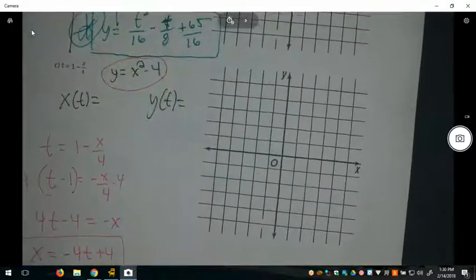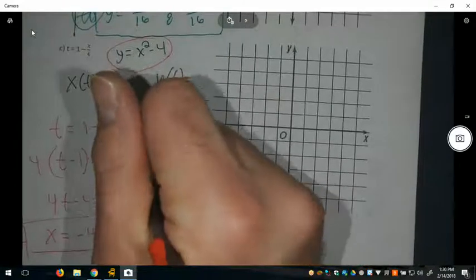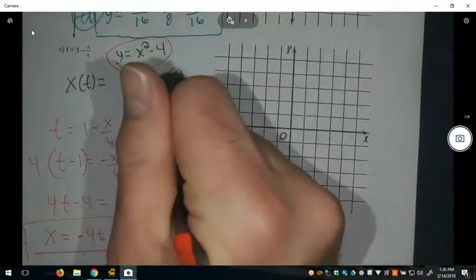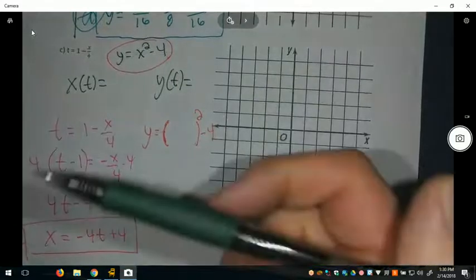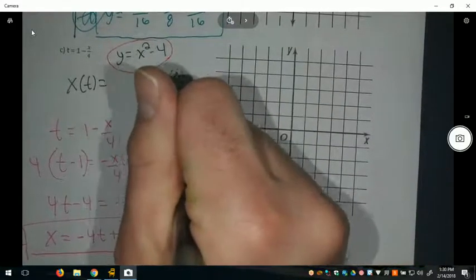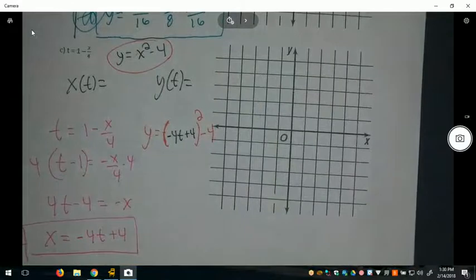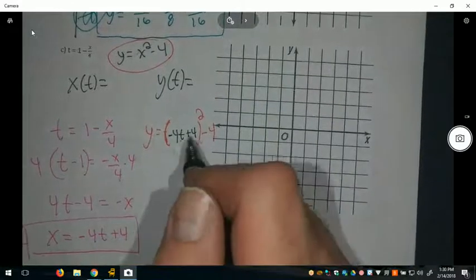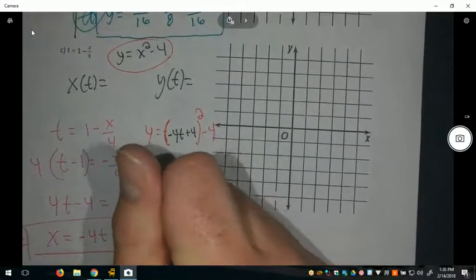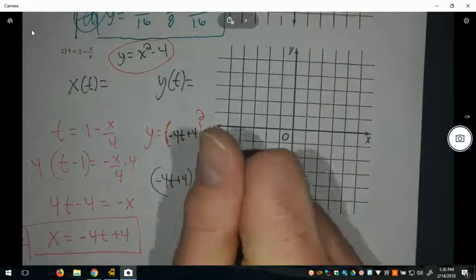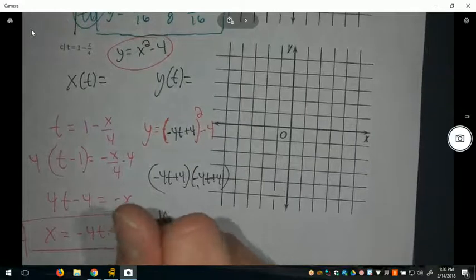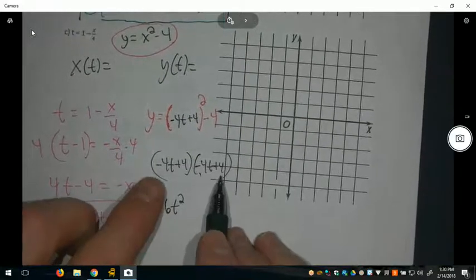Well, it's coming from y equals x squared minus 4. Y equals x squared minus 4, but in that x squared we have negative 4t plus 4 in place of x. Well, when I square this, negative 4t plus 4 times negative 4t plus 4, that's going to give me positive 16t squared.